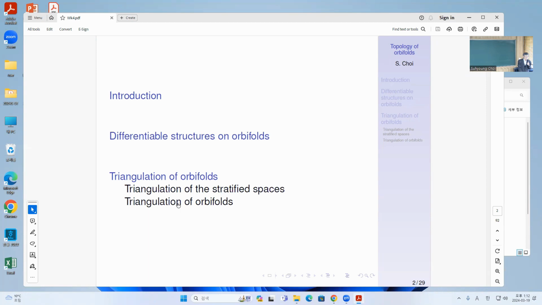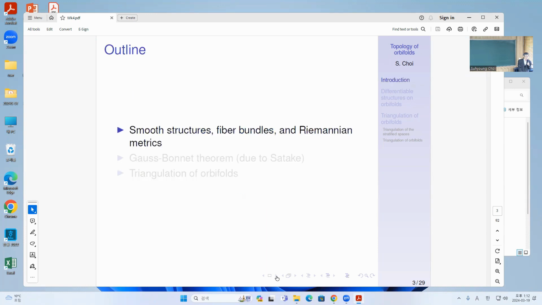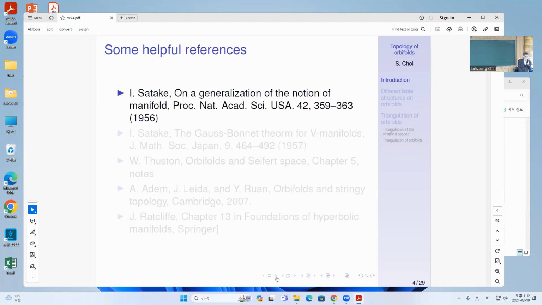We'll cover the triangulation of stratified spaces and then do the orbifolds as a consequence. So basically, we do the smooth structure, fiber bundle, Riemannian metric, and Gauss-Bonnet theorem, and triangulation of orbifolds. Okay, so those are the three important topics here.